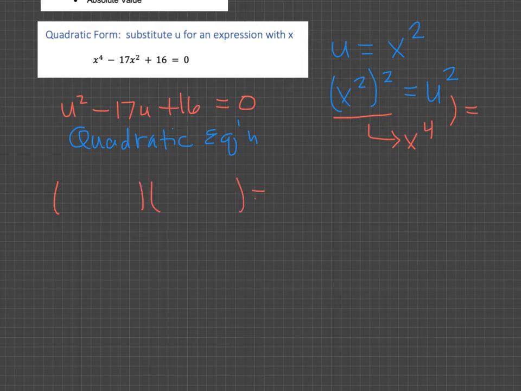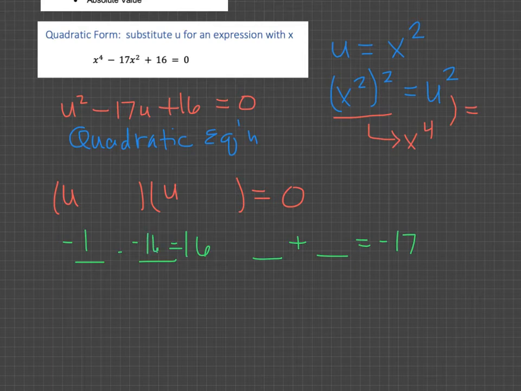So the leading coefficient is 1. That means we can put a u and a u in that first position, and then we want the two numbers that are going to multiply to positive 16, and also add to negative 17. So that's going to be negative 1, negative 16.